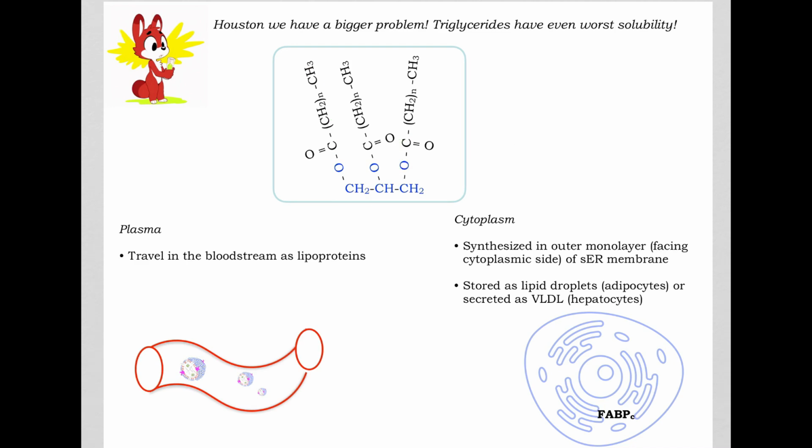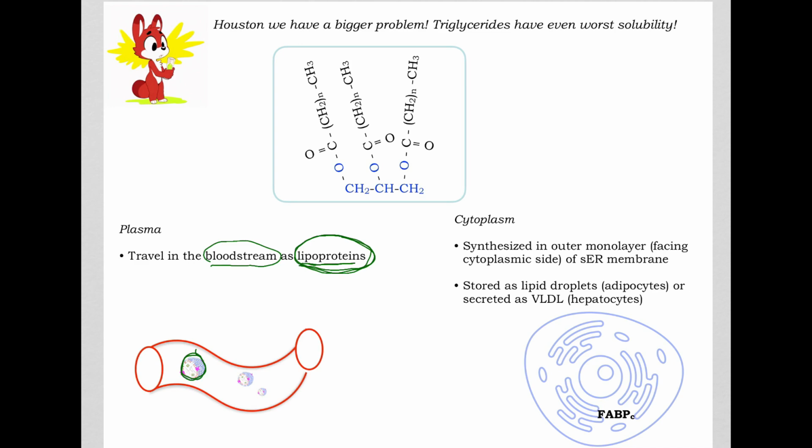Well, in the bloodstream, we'll see that these triglycerides are actually part of particles. Okay, so these are not water-soluble substances. These are particles we call lipoproteins. Okay, so we are talking about particles called lipoproteins.